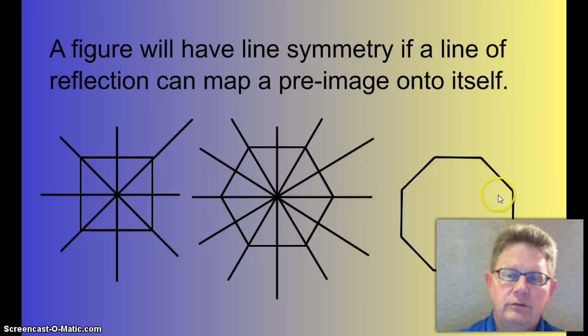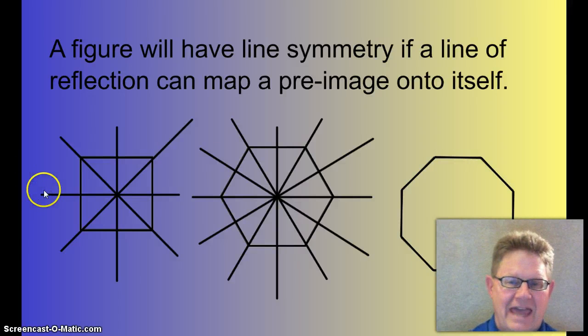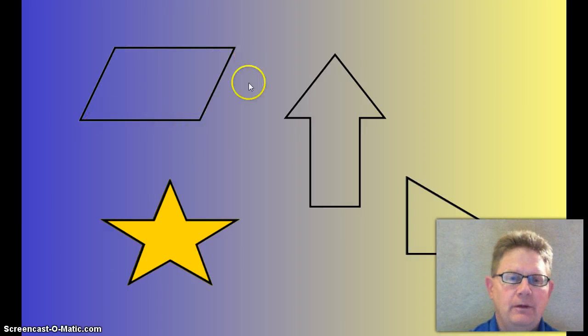Okay, how many lines of symmetry will this regular octagon have? Right, 8 of them. 1, 2, 3, 4, and then along diagonals, 4 of them. So a total of 8 lines of symmetry. Okay? How about this parallelogram? How many lines of symmetry? How about right there?